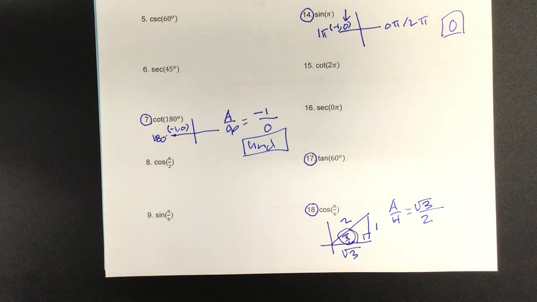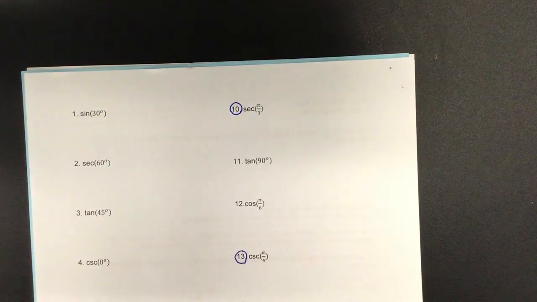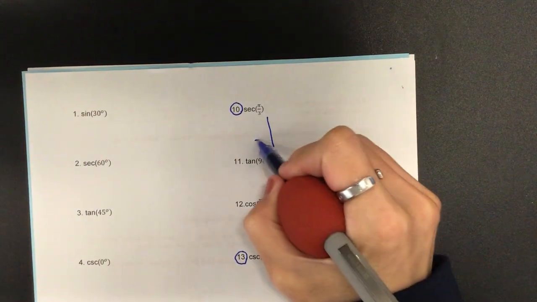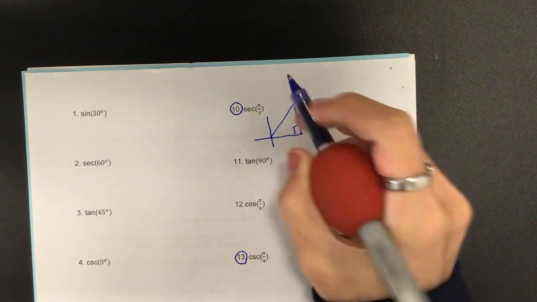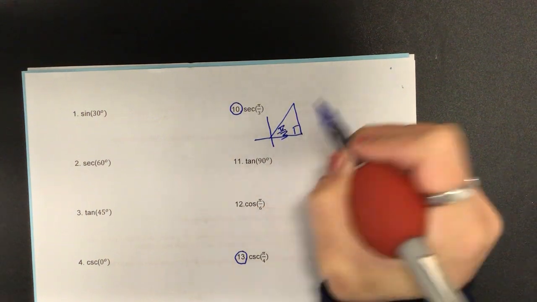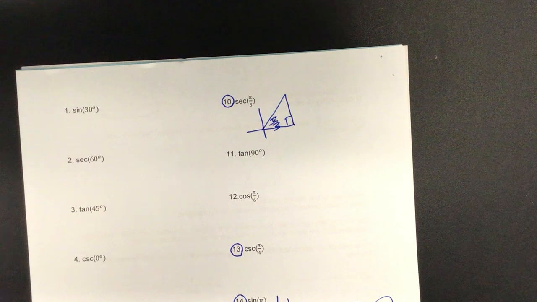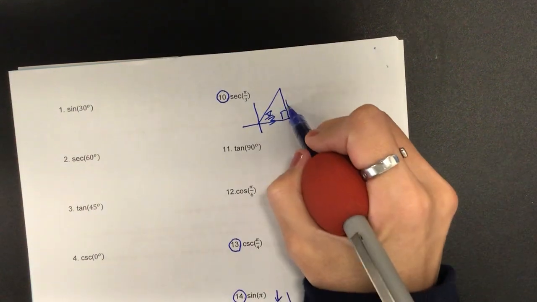All right, let's go on to number 10. It says pi over 3. So let's go to pi over 3. It's going to look something like this. Is pi over 3 30 degrees or 60 degrees? Look at your notes. Pi over 3 is 60. Opposite of 60 is radical 3.